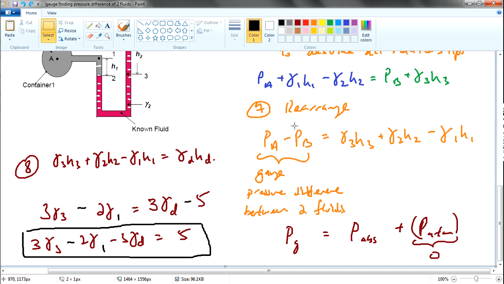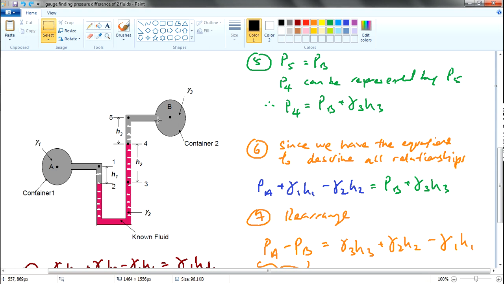P gauge equals P absolute minus atmospheric pressure if it's open to air. If this is open to air, then this portion they will write P ATM. Not this point, but since it's open air it's P ATM. I hope you get what I mean.